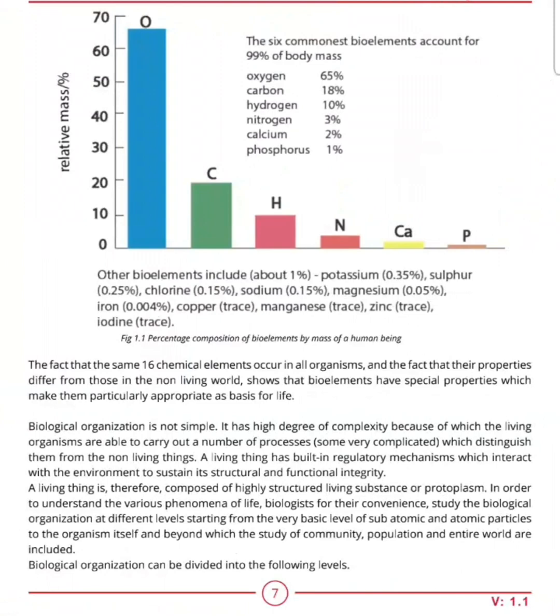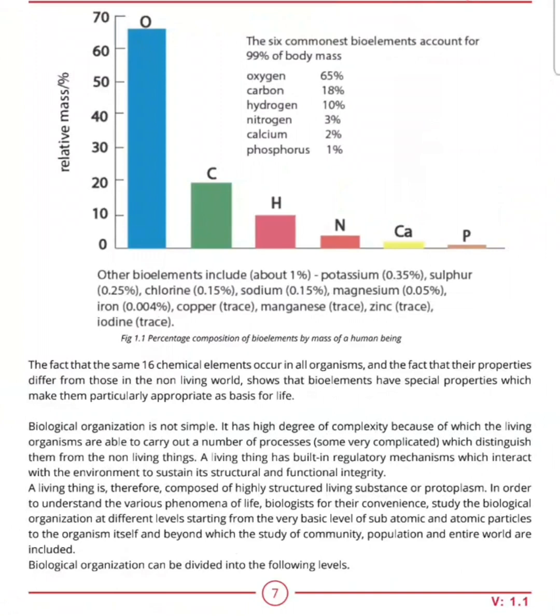Here we can see the 6 common bioelements account for 99% of the total body mass. Oxygen forms 65%, carbon 18%, hydrogen 10%, nitrogen 3%, calcium 2% and phosphorus 1%. Other bioelements include about 1%.